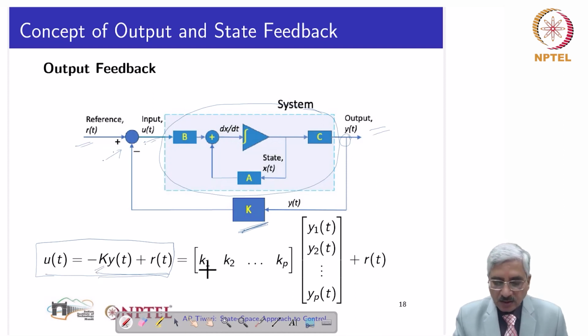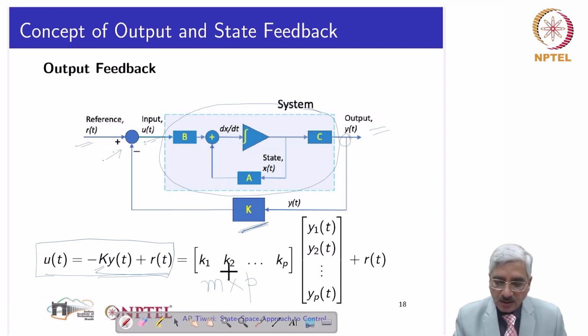It has the same number of rows as the number of inputs. So it has m rows and it has p columns. So U1 will be K11 Y1 plus K12 Y2 and so on up to K1p Yp.